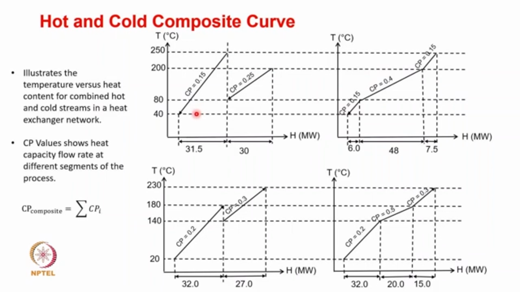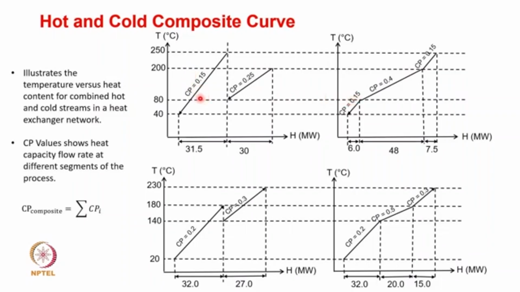What we can see over here is, from 40 to 80° C, you just use this part of the stream which we draw over here. From 80 to 200, there are two streams involved. The combined CP of that is the summation of the individual ones, which is 0.25 plus 0.15, which is 0.4.